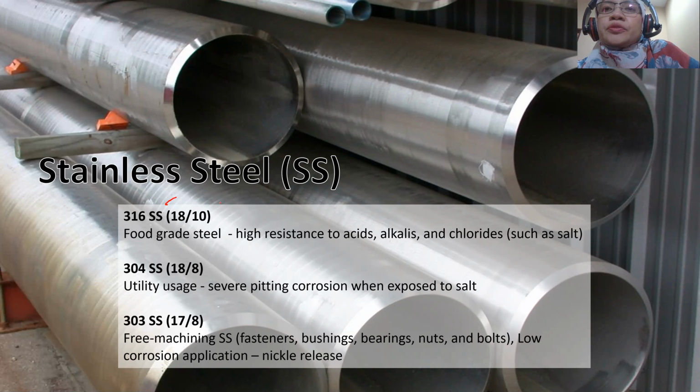This is the ratio of chromium to nickel. So the 18 here refers to chromium, while 10 indicates the nickel level.